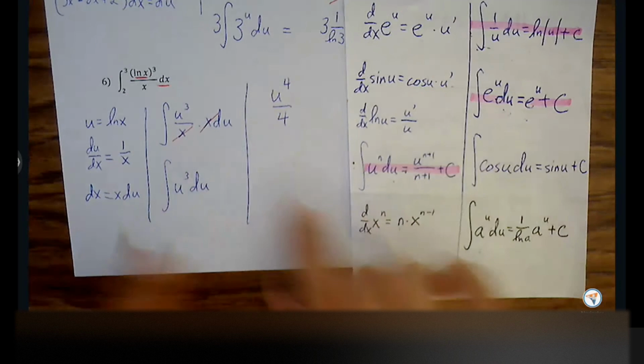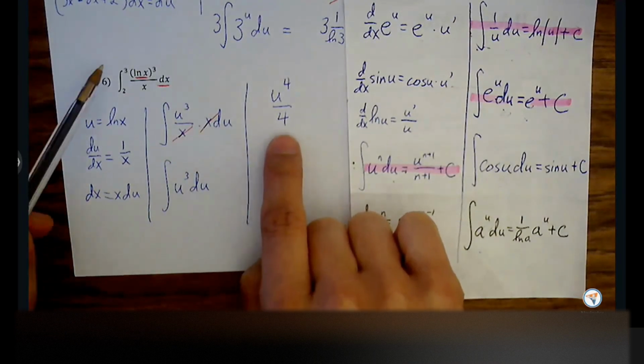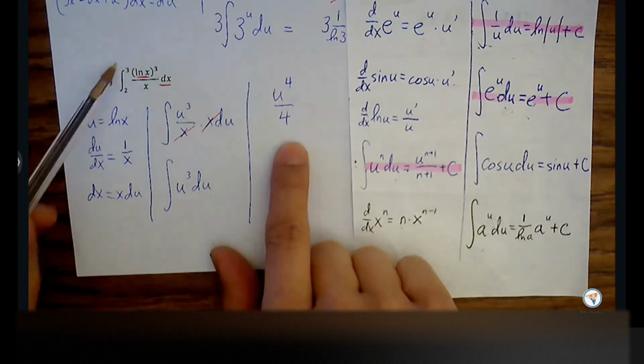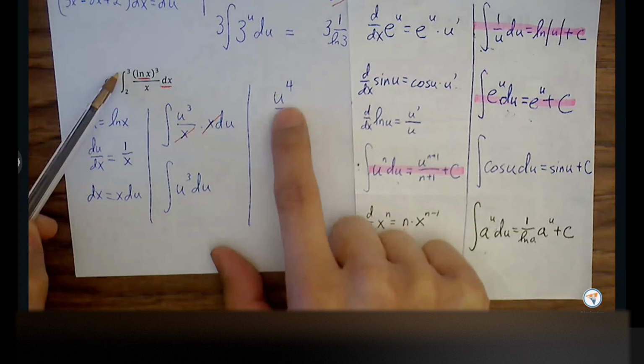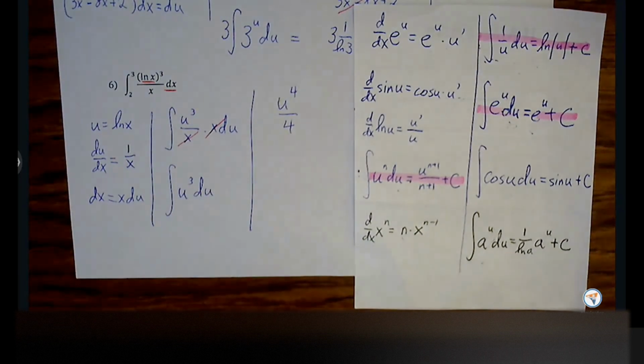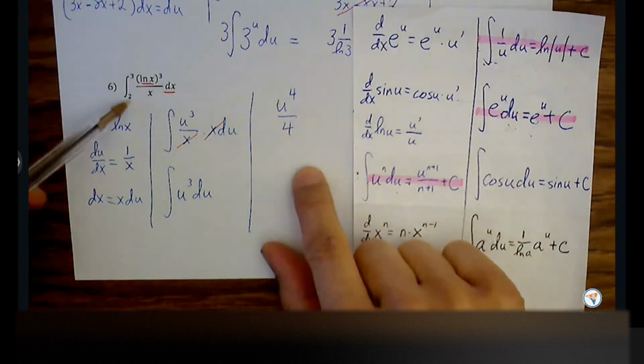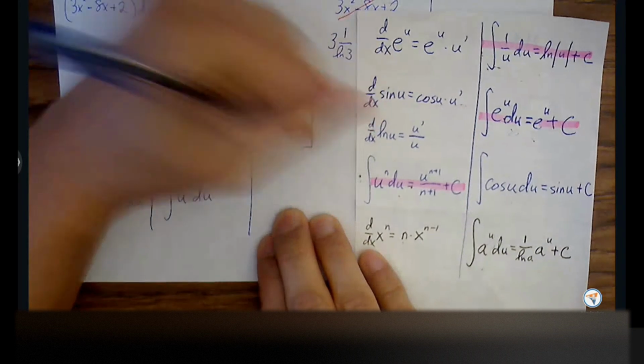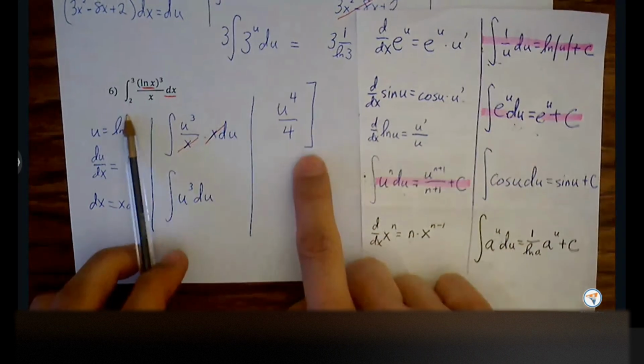Okay. Now, can I plug the bounds in here? What do you think? Because I'm ready for the bounds, but can the 3 and 2 be involved with this expression?